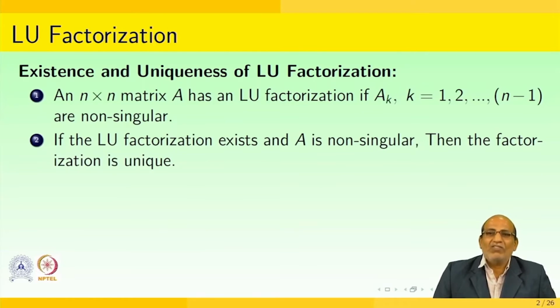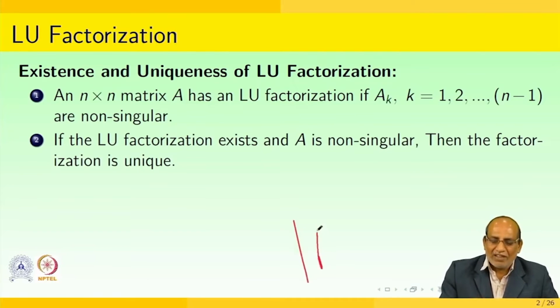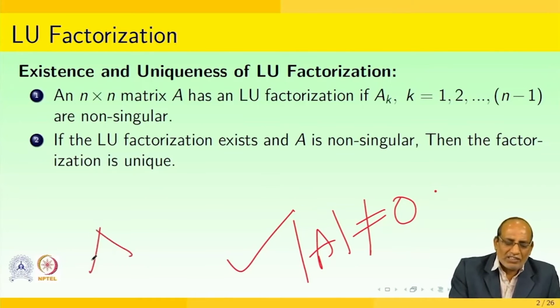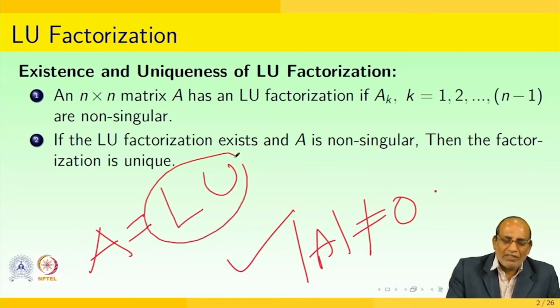Now having had this definition, we will see some examples of how the factorization helps us find a solution to the system AX = B. If the LU factorization exists and A is non-singular, that means the determinant of A is not 0, then the factorization A = LU is unique.